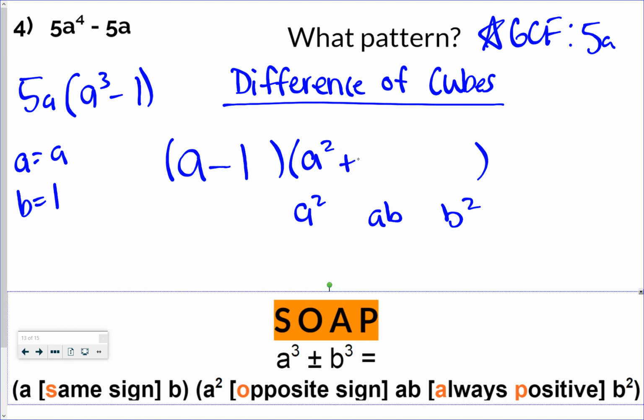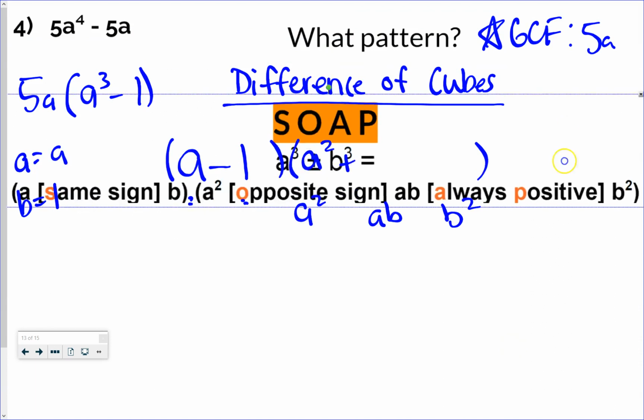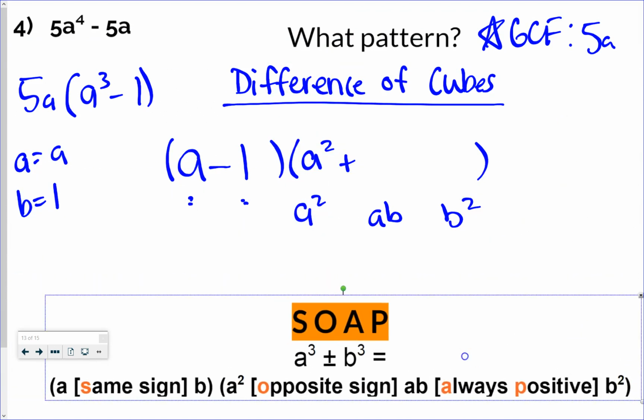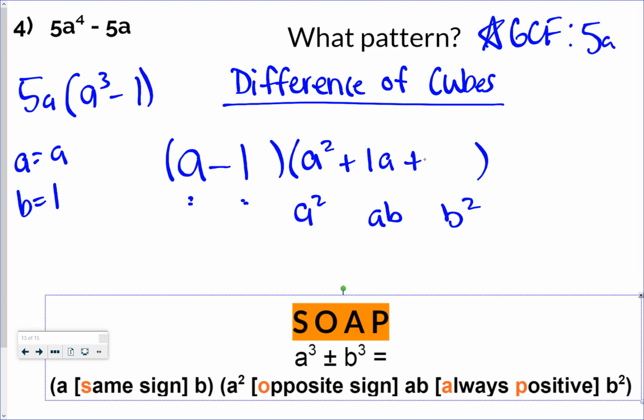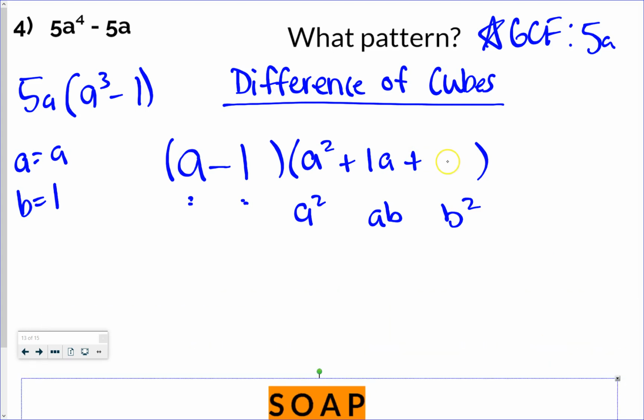Now I need to multiply these two together. That gives me 1a. Do I have to write 1a? No, I could just say a, but I like things to make sense, so I'm going to put 1a. That's just a me thing. And then always positive. What is my b squared? 1.